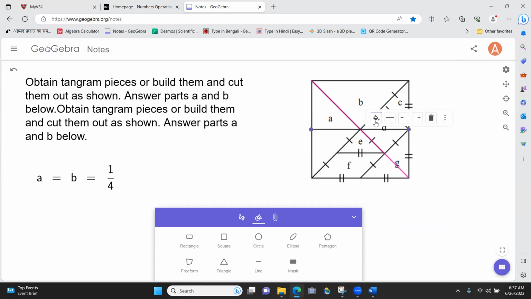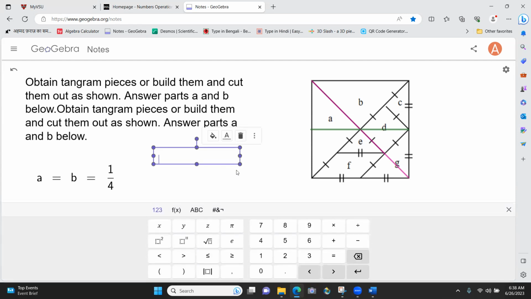Let's change this line to green. This green line cuts this triangle into 4 equal parts, and you have to see it. This triangle and this triangle are the same. This triangle and this triangle are the same. So this was 1/4. And C has to be 1/4 of 1/4. 1/4 times 1/4 is 1/16. So I'm going to write here, C is 1/16.